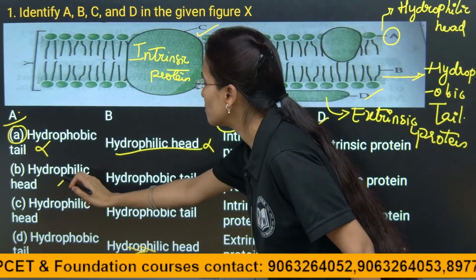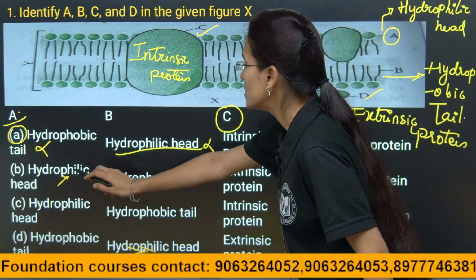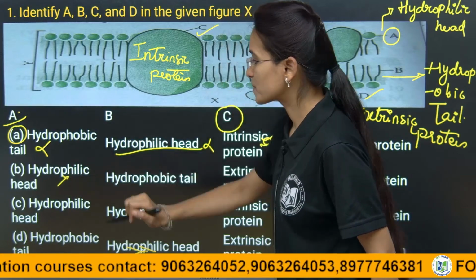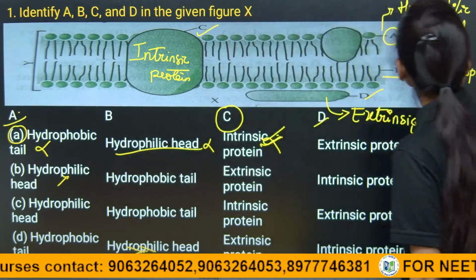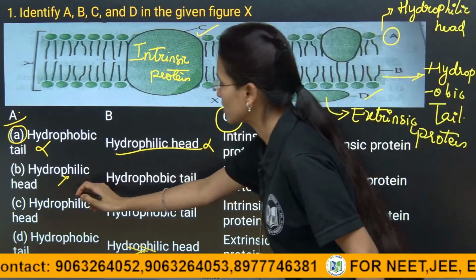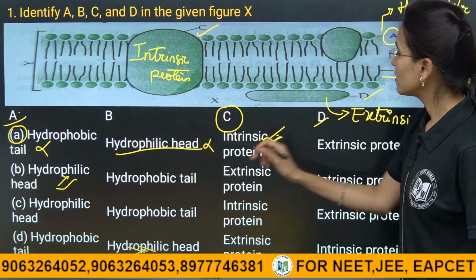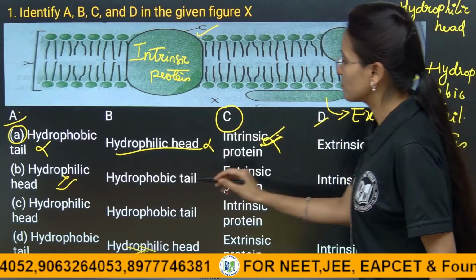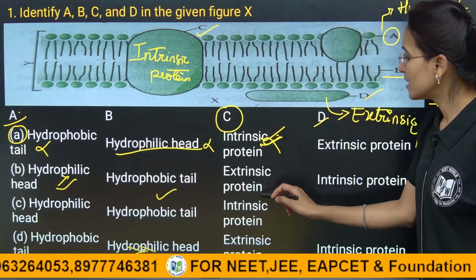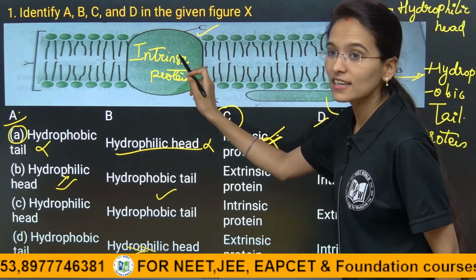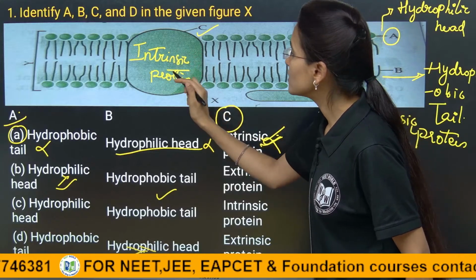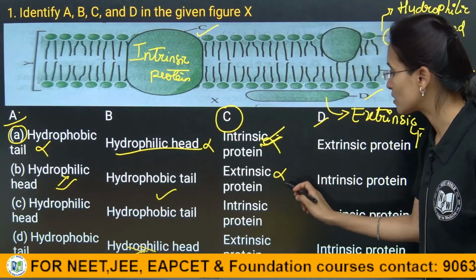Yes. Now next coming towards the option B, here he has given A as hydrophilic head, yes, A is hydrophilic head, it is correct. And next B, hydrophobic tail. Yes, B is also correct. And next C is extrinsic protein. Actually C is what, children? C is intrinsic protein. Okay, so it is a wrong option.